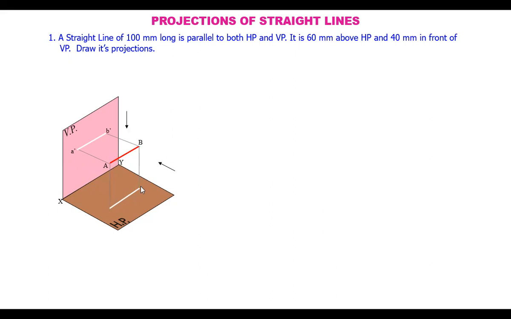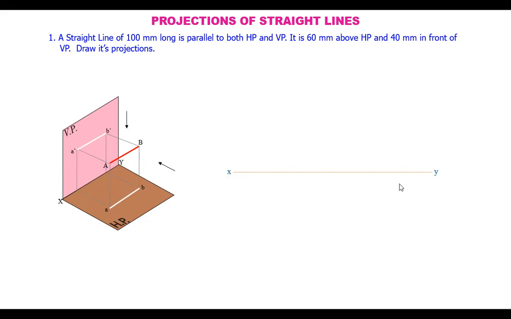The projection in the horizontal plane is at some distance x, and this x is nothing but the distance of the line from the vertical plane. We call it ab. Small letters are used to represent the top view. If you draw the projectors onto the reference line, they appear like this in the top view as well as in the front view.